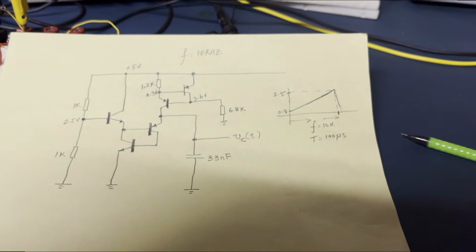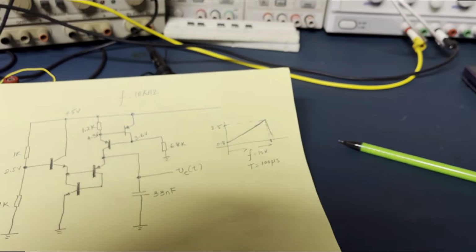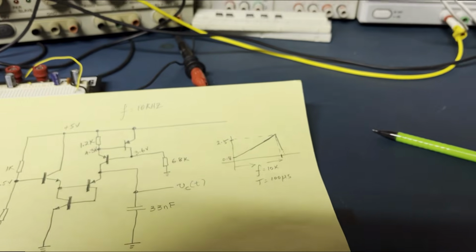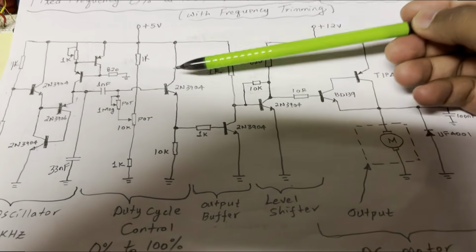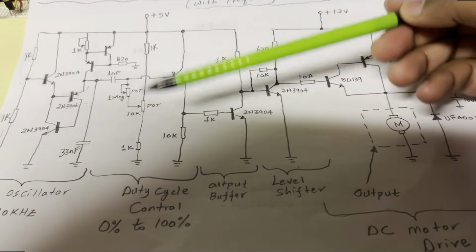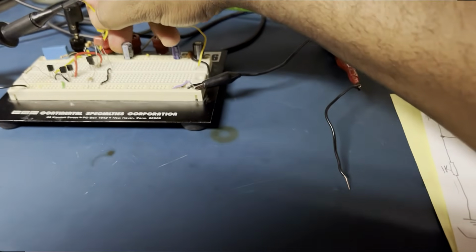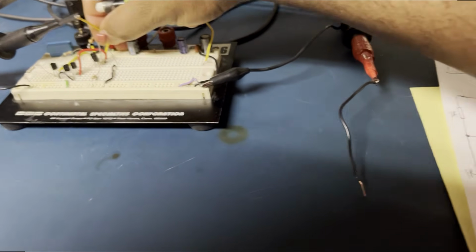And in the next video, we'll bring back our circuit and talk about how we set the DC offset on this waveform here. Let's go back here to the capacitor.